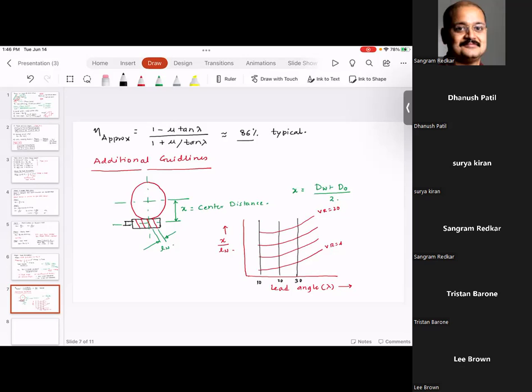And then you have this 1, 3, 5, etc. So this kind of gives you some dimensions to start with. If you know your velocity ratio, and the ratio between x and ln, then you can actually determine what should be your lead angle, what should be the velocity ratio, and so on.